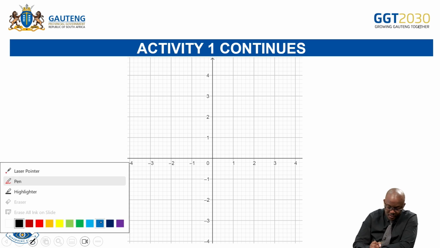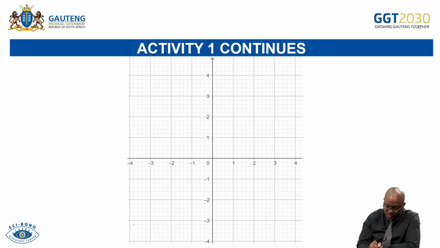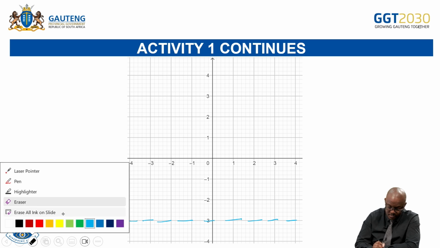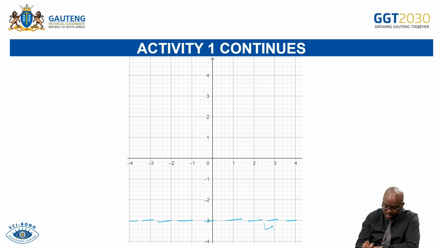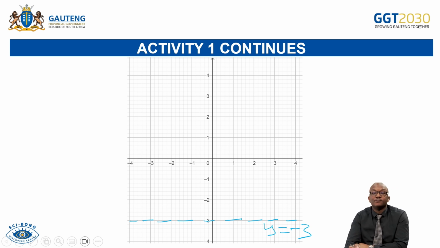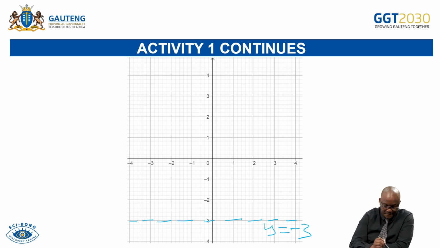The first thing that we're going to start with is to identify our asymptote, which is y is equal to -3. That is your horizontal asymptote. Y is equal to -3.